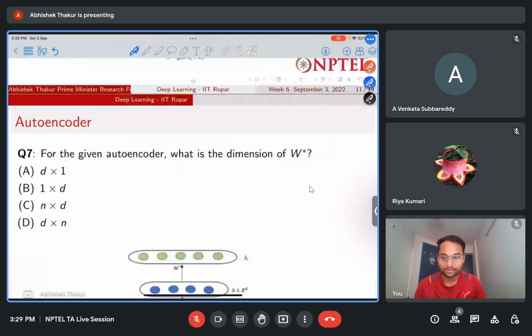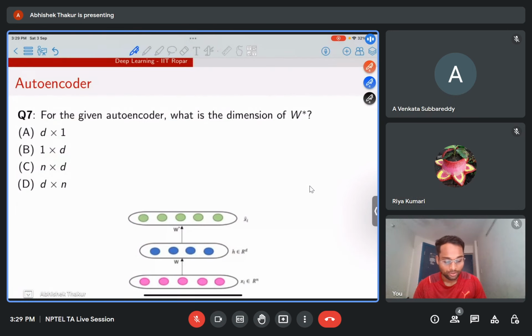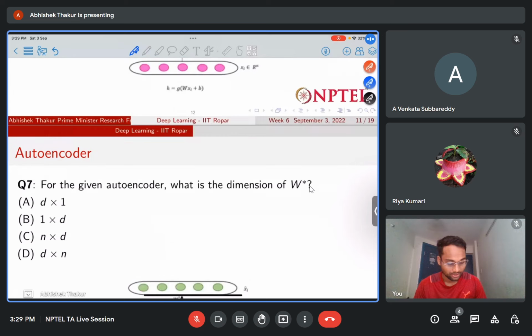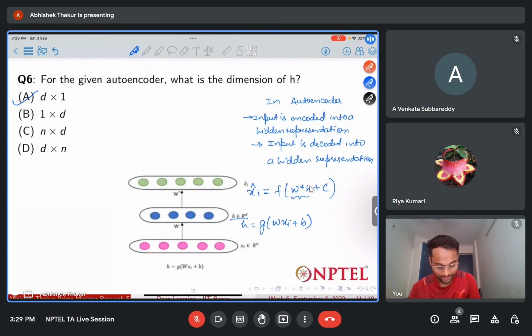So now we'll see the next question. It is asking for the autoencoder, what is the dimension of W star? We know that Xi hat equals F of W star H plus C. Our H is D cross 1.